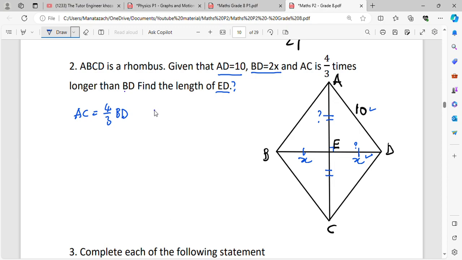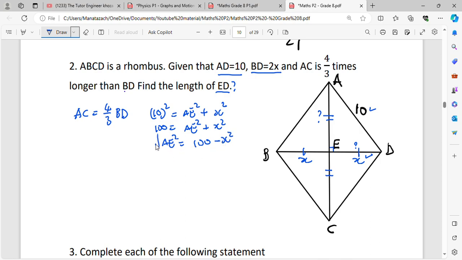So we're going to have 10 squared is equal to AE squared plus x squared. So this is 100. So that means AE squared is equal to 100 minus x squared.